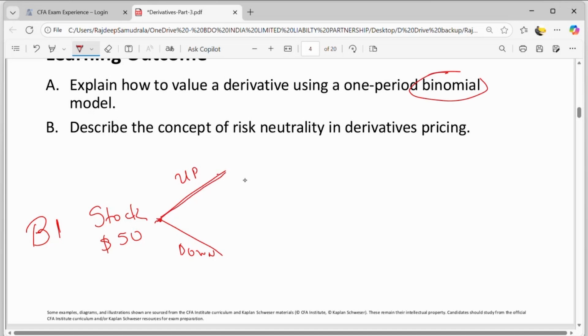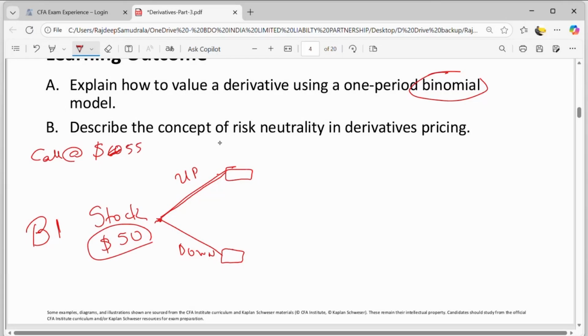Therefore, let me consider an option valuation by using this binomial tree. So what they say is, let's assume that you have a stock and you have a call option. Let's say you have a call on a stock and the call is 55.